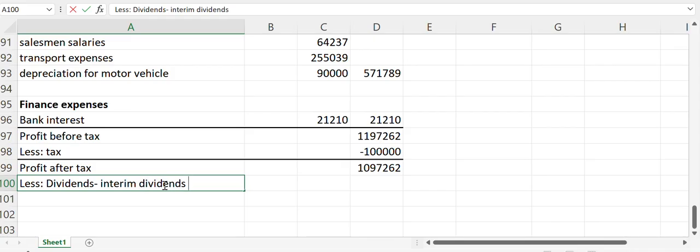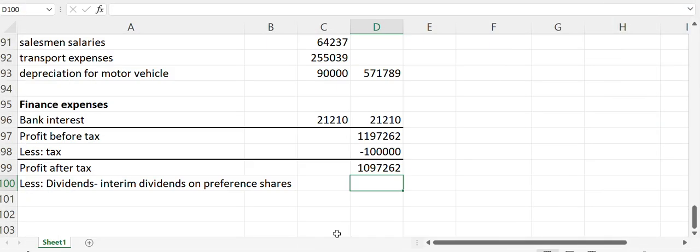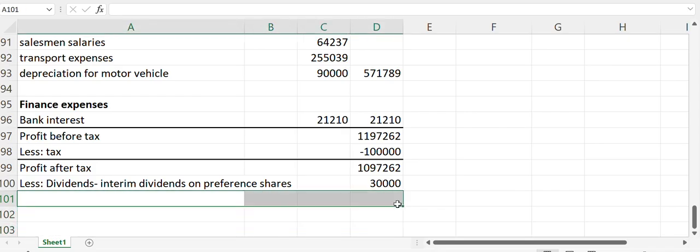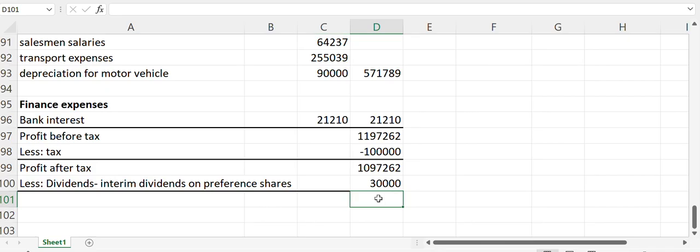Now, interim dividends on preference shares is not going to appear in our statement of financial position because it has already been paid for, this 30,000. But if it was in the additional information, then we could have also recorded it in the statement of financial position, because it means it has been provided but not paid for. Okay, so let us get this.